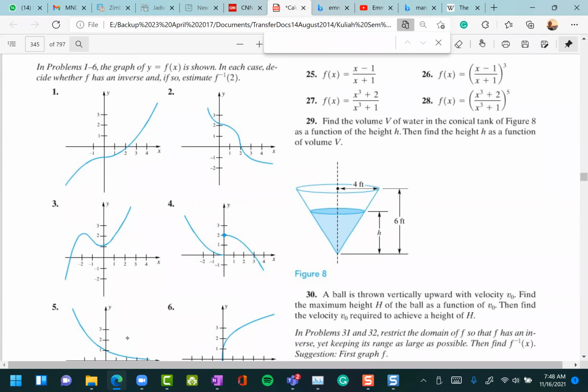The graph of the inverse is, let's see, when you're in high school, do you recall how to get the graph of the inverse? For example, this one here, number one. It is monotonically increasing, therefore it has an inverse.